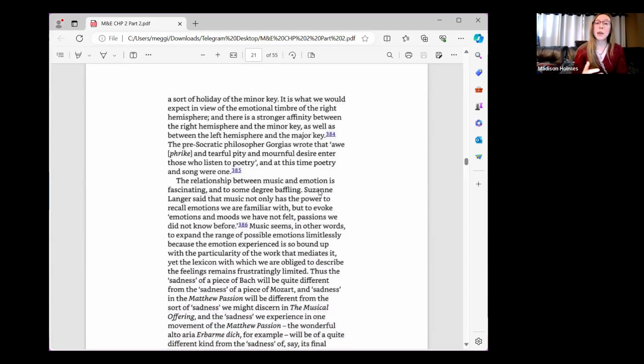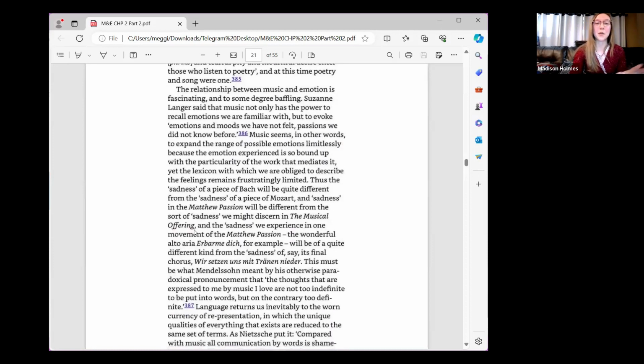It is what we would expect in view of the emotional timbre of the right hemisphere, and there is a stronger affinity between the right hemisphere and the minor key, as well as between the left hemisphere and the major key. The pre-Socratic philosopher Gorgias wrote that awe and tearful pity and mournful desire enter those who listen to poetry, and at this time poetry and song were one.